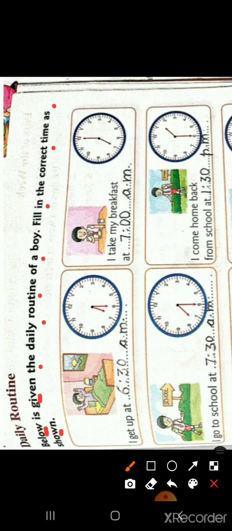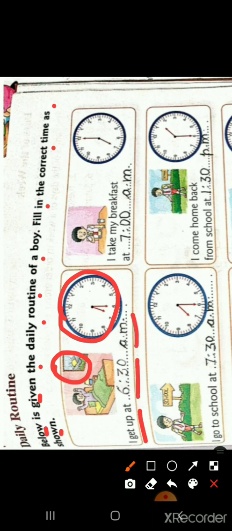When he gets up, here is written, I get up at, and the clock is showing the time. The hour hand is between 6 and 7, and it is morning time also. So you will write 6, and the minute hand is on 6. So it means 6:30 a.m.